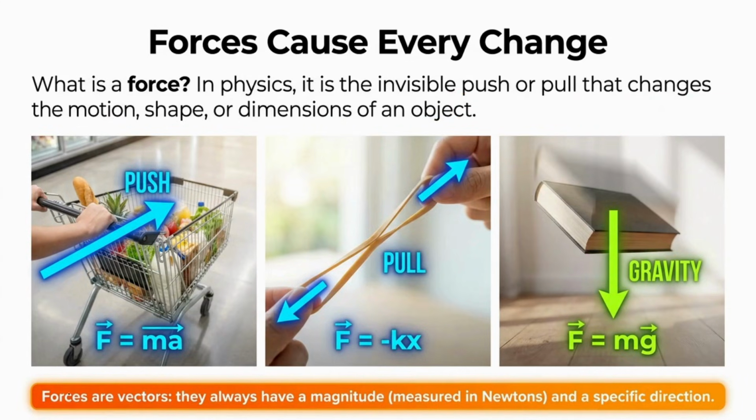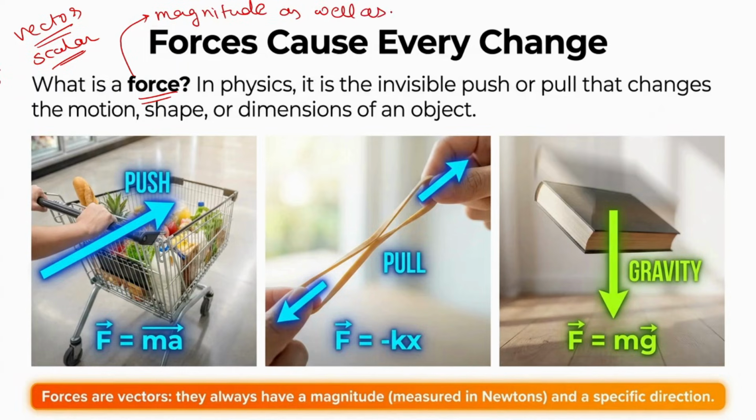And you know every quantity is distinguished by whether it is a vector or a scalar. So what is a force? Is it a scalar or a vector? The force is described by the magnitude as well as the direction, the direction in which the force is applied to an object.